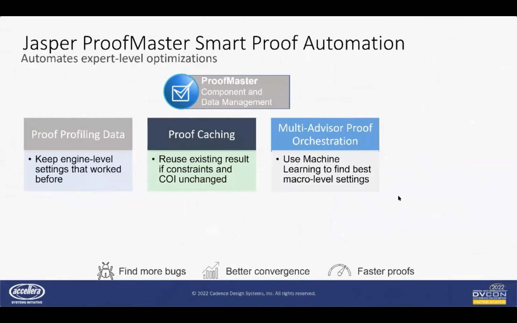John talked about what we're doing with Xcelium, and in the interest of time, we unfortunately don't have time to go into detail about what we're doing in Jasper, although it's been around for a little while, and I think we've seen this at JUG and other events. That is how we're using machine learning inside Jasper as part of something called Proof Master, which allows Jasper to store proof profiling data based on previous proof results.